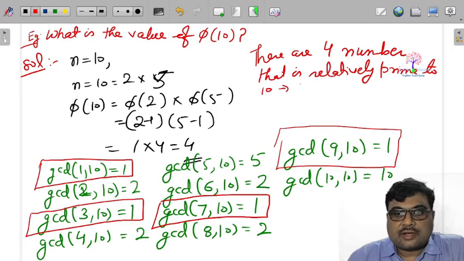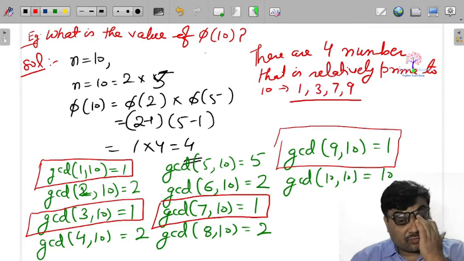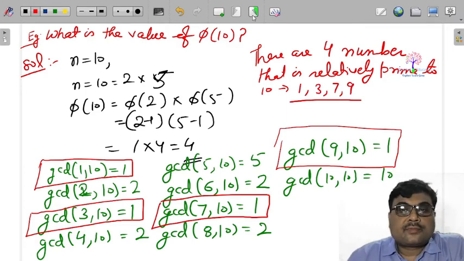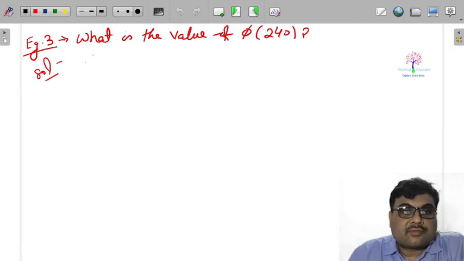Those numbers are 1, 3, 7 and 9. Now move to the next example. In the next example you will find out the phi of 240.